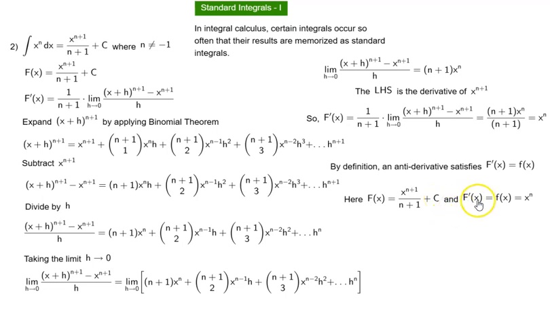And F prime of x equal to f of x, which is equal to x to the power of n. So therefore, integral of x to the power of n dx is equal to x to the power of n plus 1 by n plus 1 plus c, where n is not equal to minus 1.